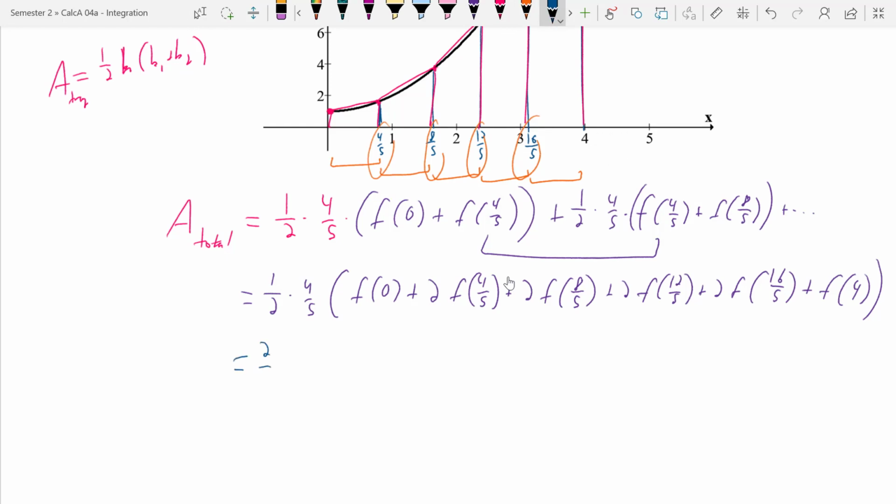So this is going to be 2/5 times f of 0, which is 1, plus 2 times f of 4/5.